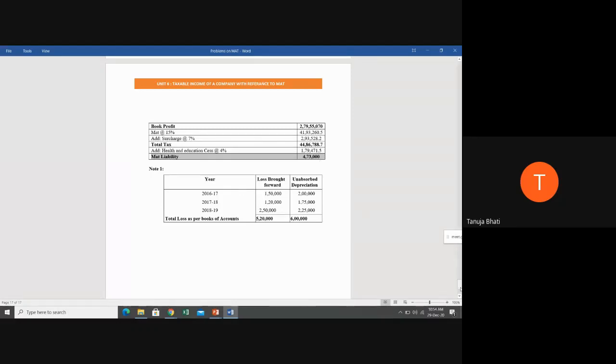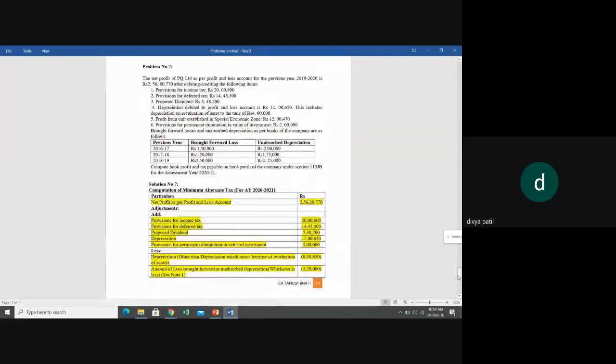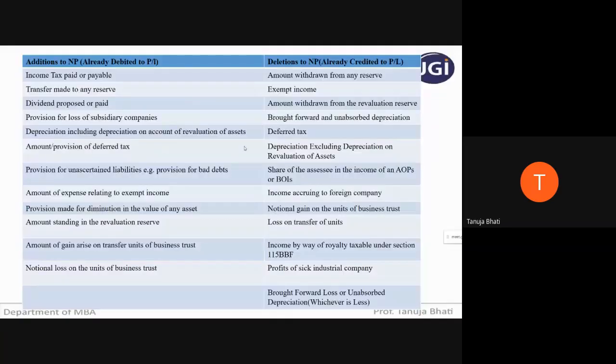Did everyone understand problem number 7? Yes, ma'am. Okay. So now we are done with the problems on MAT. Usually you will get the repeated items also in your exams. So just remember, go through each sum. Today I'll be sharing the notes with you all. There are some fixed items which are usually repeatedly asked in the exam.